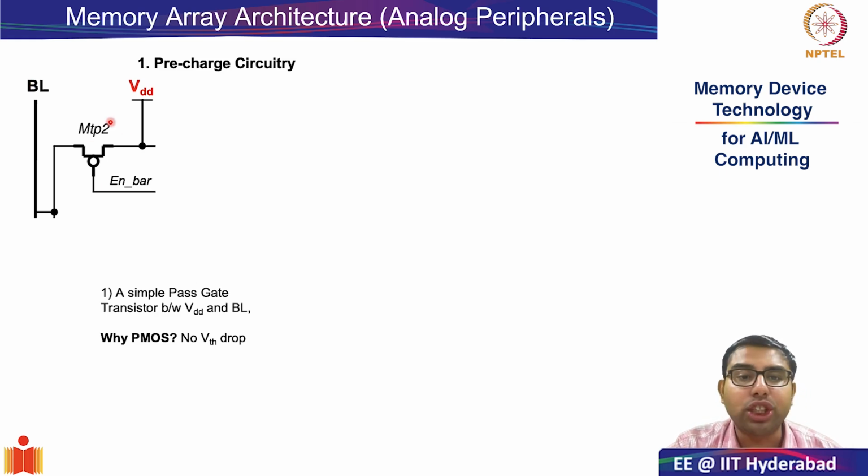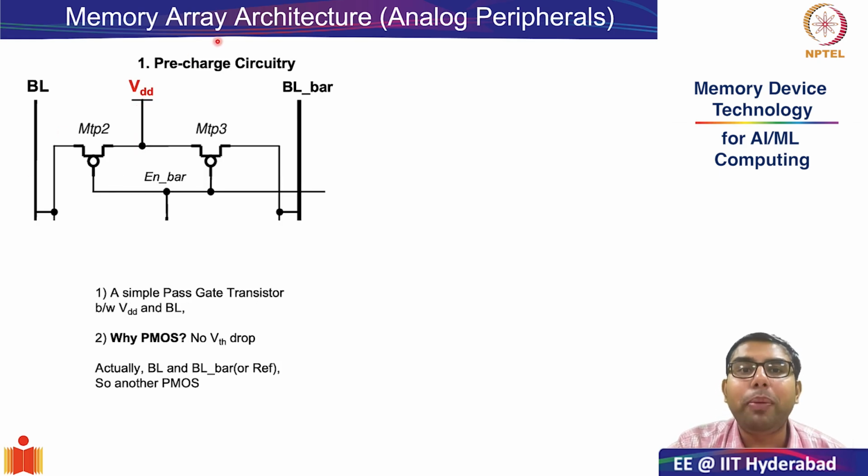To prevent this issue, we use a PMOS, which has no VTH drop. Therefore, it is also natural to expect that the gate will be connected not to enable but to enable bar, because only when enable bar is deasserted or made 0 will there be a current flowing from VDD to BL.